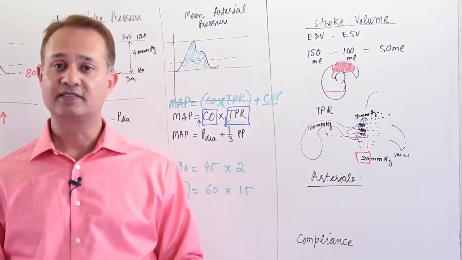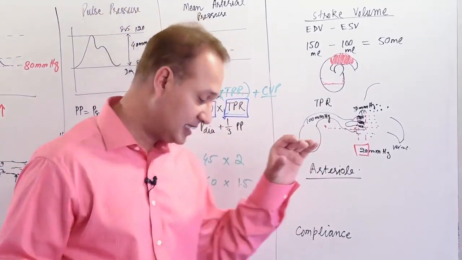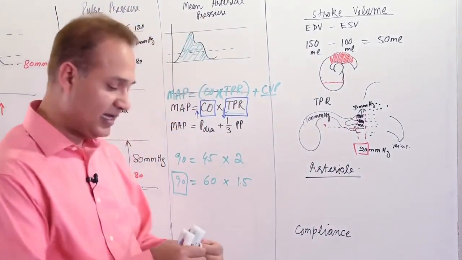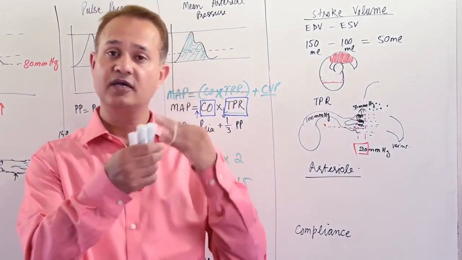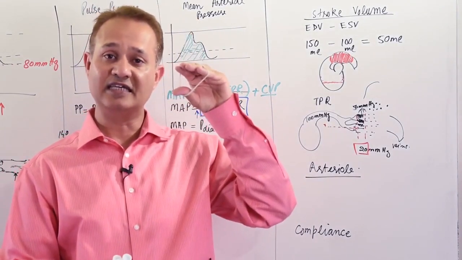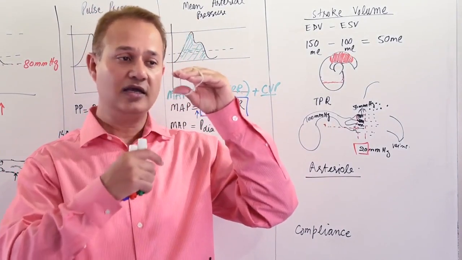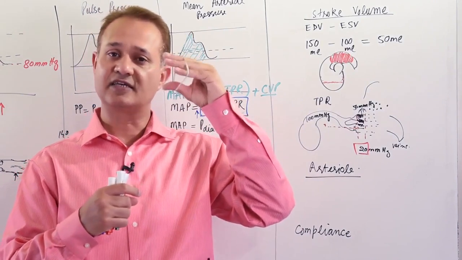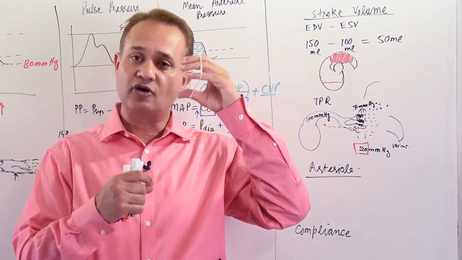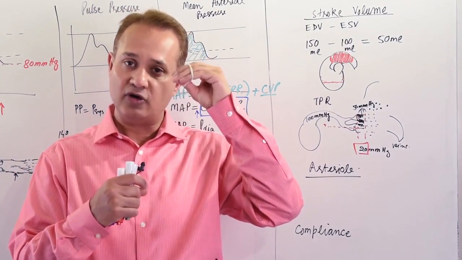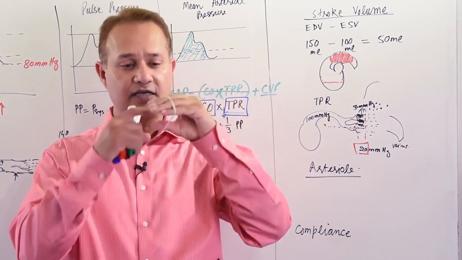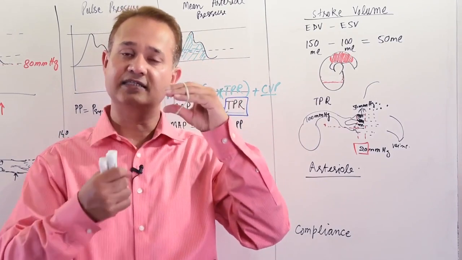Finally is the compliance. Compliance is the elasticity of a blood vessel. So let's say if I have an elastic fiber and I put that around the arterial wall, so now this artery has become elastic. Distensibility is called compliance and recoil is called elasticity. It comes from the same one thing, and that is the elastic fiber.